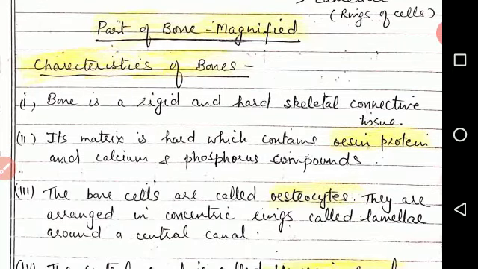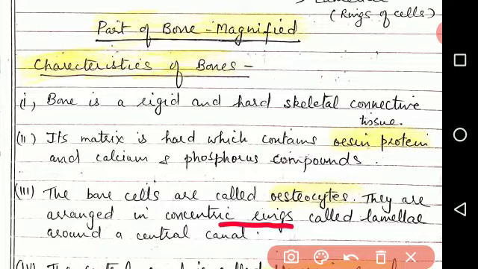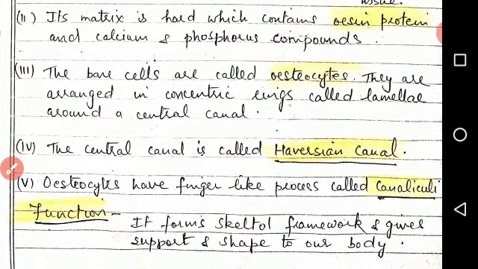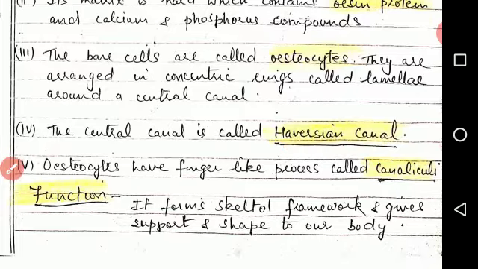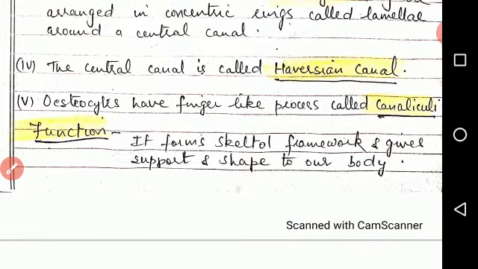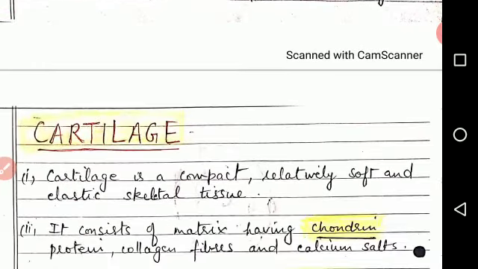Third, the bone cells are called osteocytes. They are arranged in concentric rings called lamellae around a central canal. The central canal is called Haversian canal. Osteocytes have finger-like processes called canaliculi. Function: the bones form skeletal framework and give support and shape to our body.